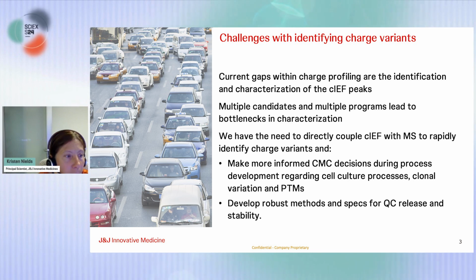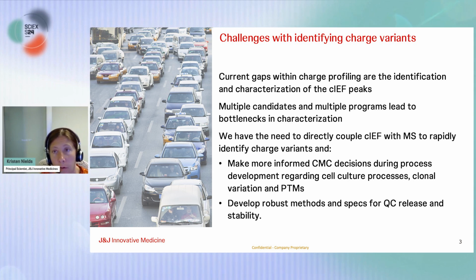So currently, we have a lot of challenges with identifying charge variants. Within our cell line selection team, we have to do a product quality characterization for all the clonal material coming through for all new modalities. This is stuff coming from discovery that we want to take into development.